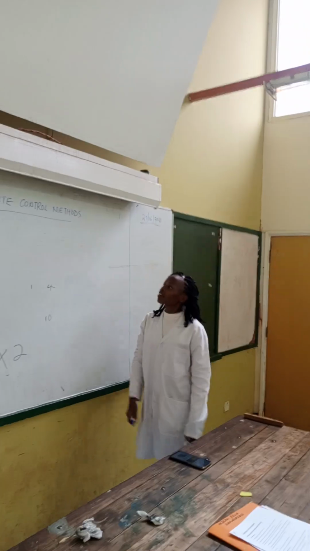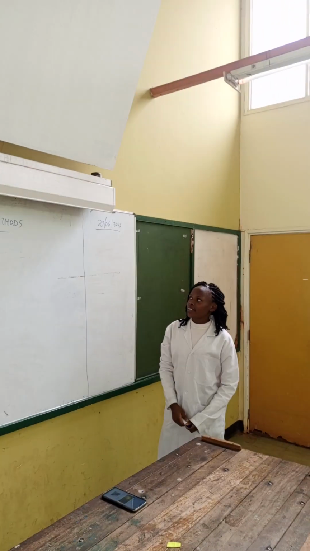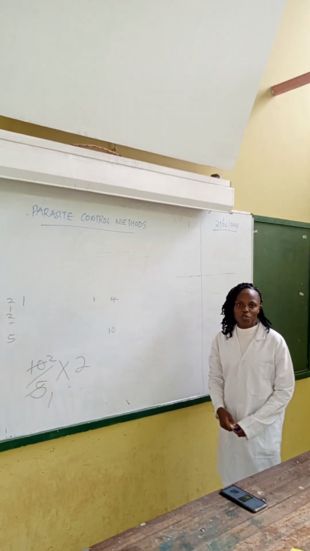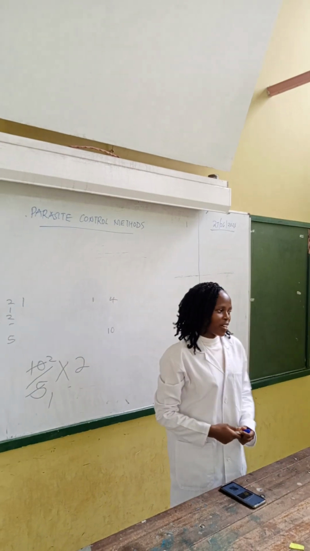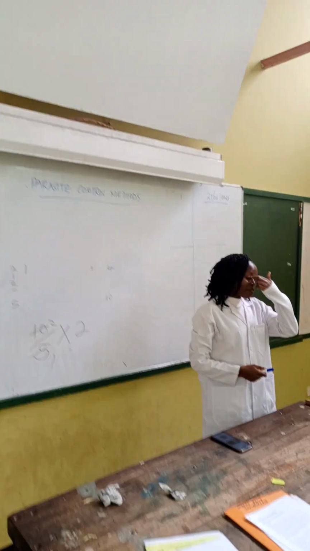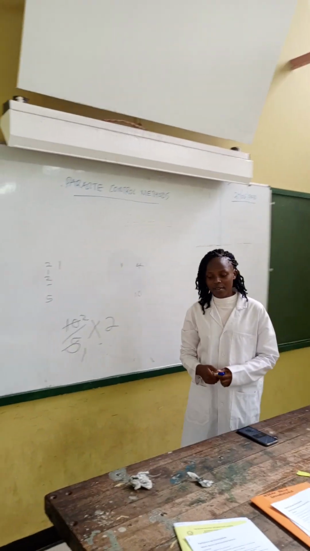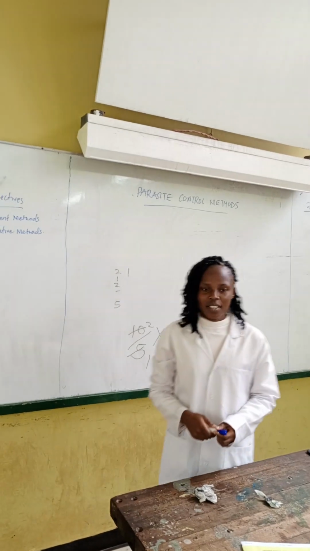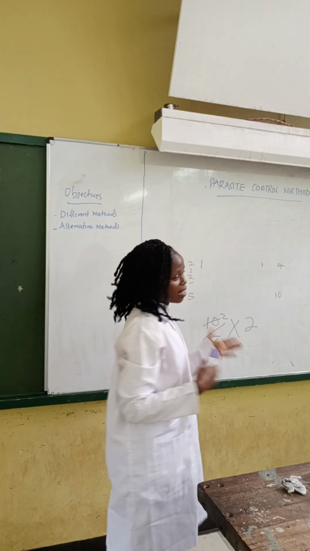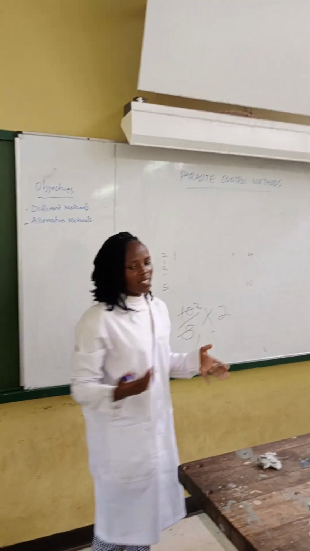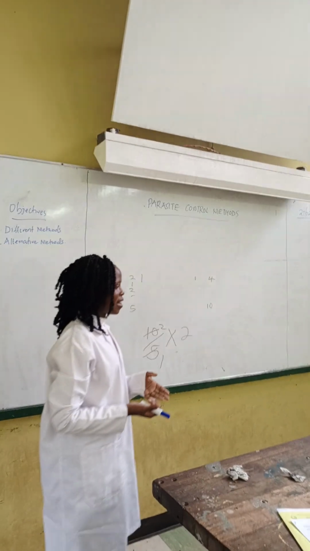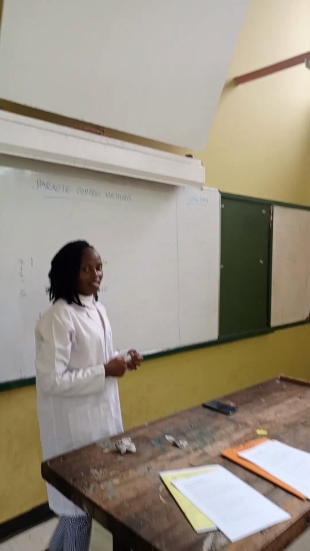So today's topic is on parasite control. We want to know how we manage parasites in our animals. As you remember, the last time we had our class, that was last week, we looked at the different parasites that infest our animals. Remember that? Which ones do you remember?